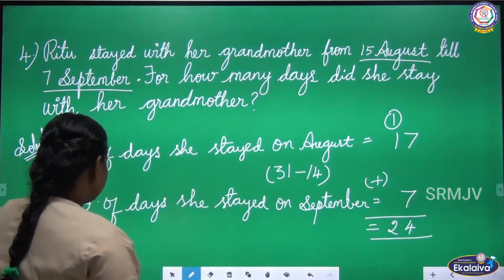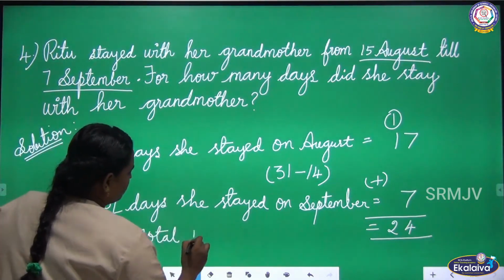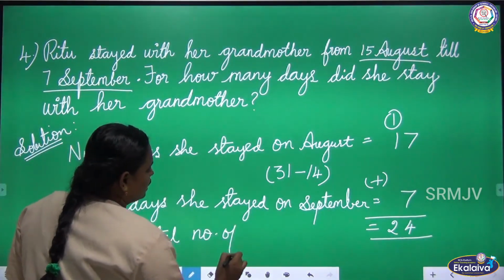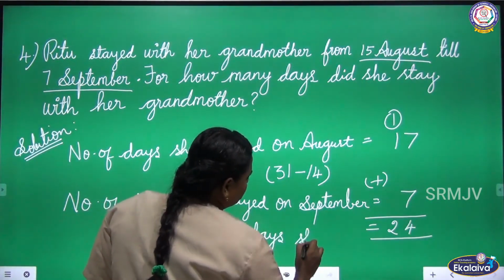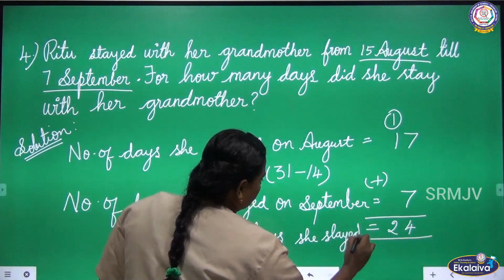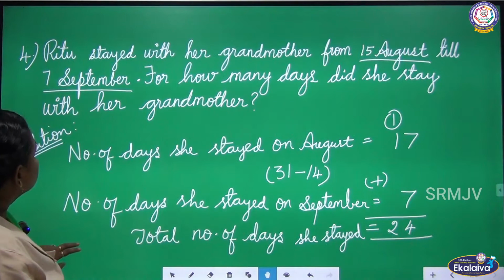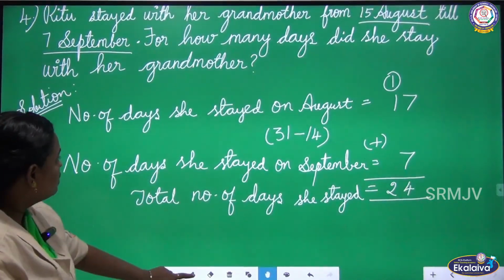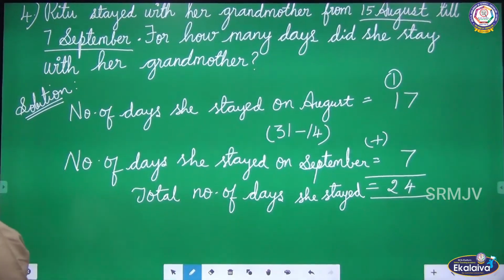So total number of days she stayed equal to 24. So we can write Ritu stayed 24 days.